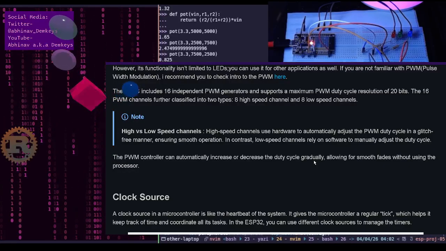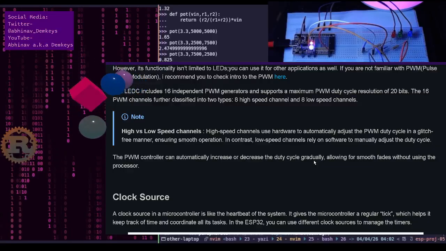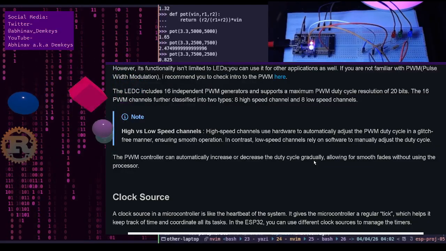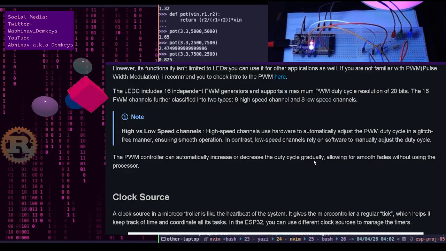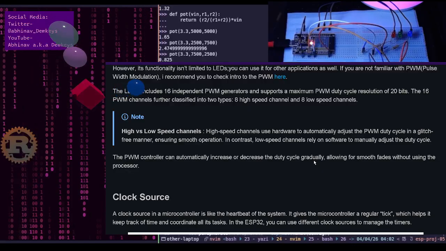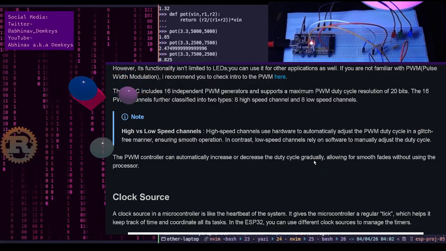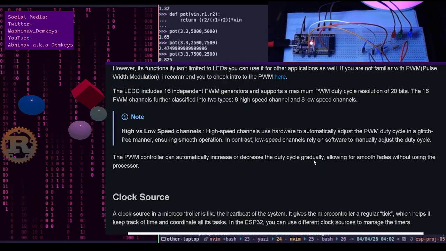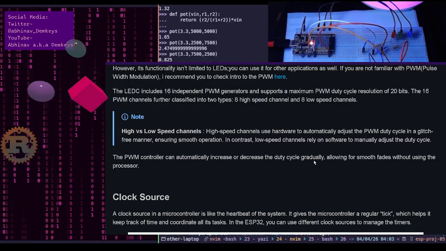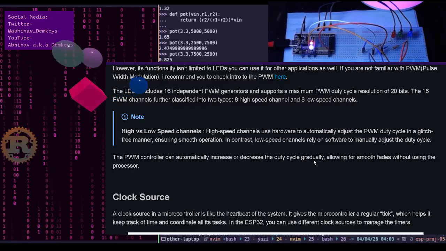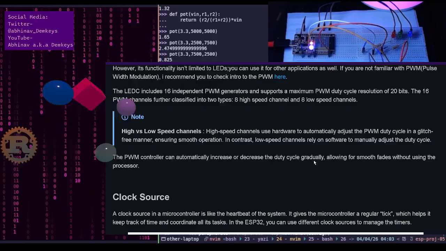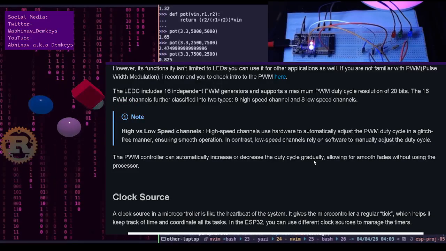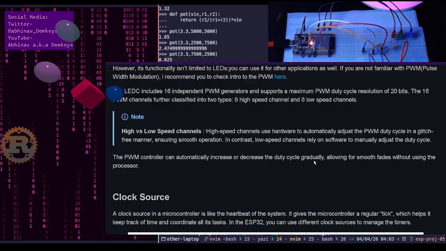High speed channels use hardware to automatically adjust the PWM duty cycle in a glitch free manner, ensuring smooth operation. In contrast, low speed channels rely on software to manually adjust the duty cycle. The PWM controller can automatically increase or decrease the duty cycle gradually, allowing for smooth fades without using the processor.